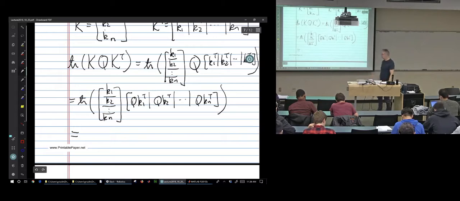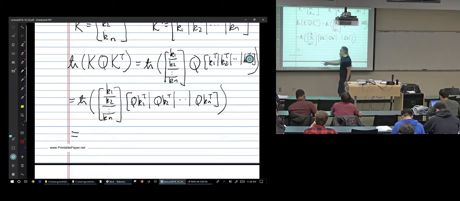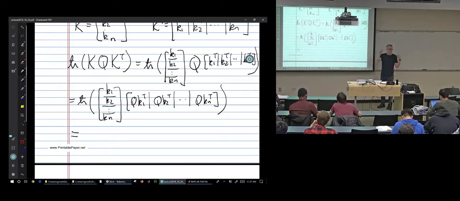Okay, I'm going to surprise you by how easy and cute this formula looks for K times Q times K transpose. It looks completely terrifying. Now, when we do the trace, which elements are we adding up? The diagonal. If I take rows and multiply them times columns, how do I get the diagonal terms in that matrix?